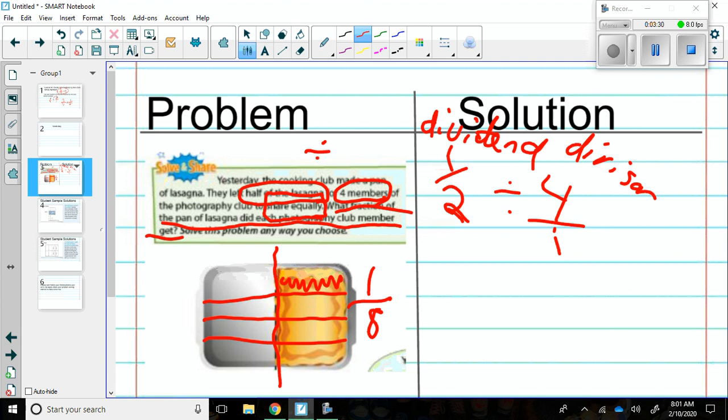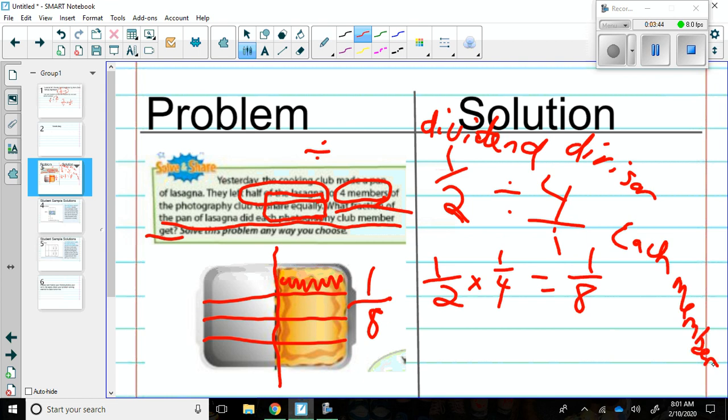That's not going to change the value of it. And then we are going to reciprocate our second fraction. So that leaves us with 1/8. So each member, always nice to say that question. We do that a lot in my class. Each member will get 1/8 of the lasagna.